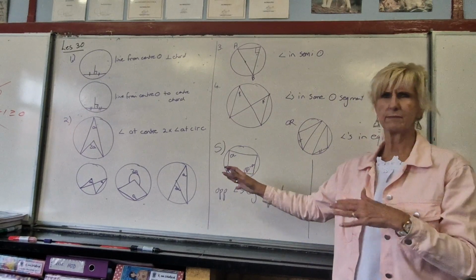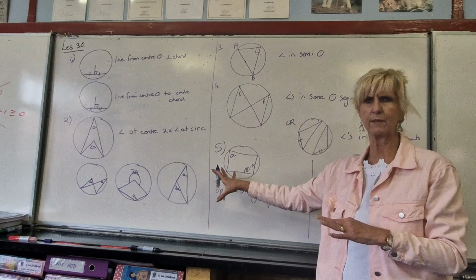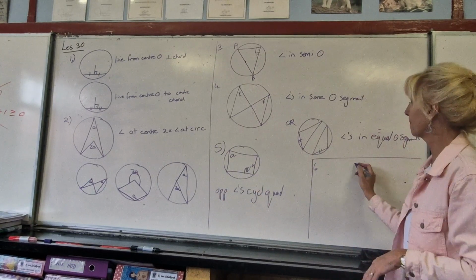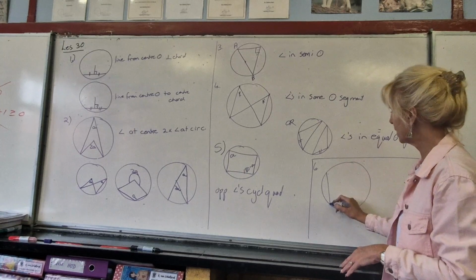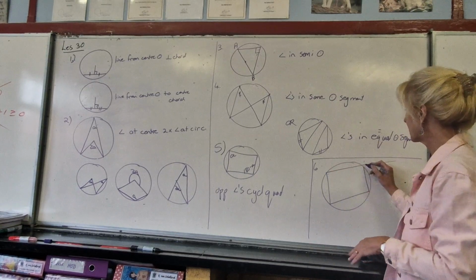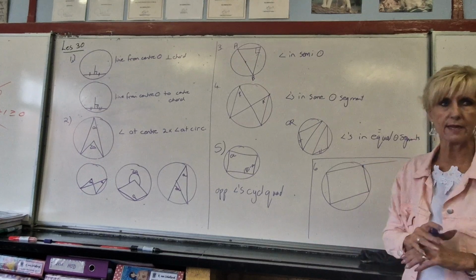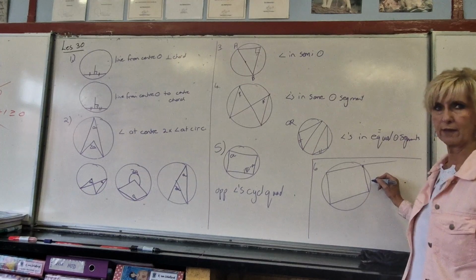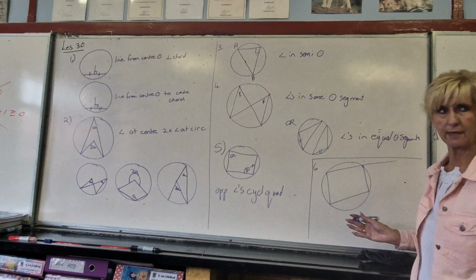Is there any strange thing that I can think about there? Okay. Number 6 is the exterior angle. Now where's the exterior angle? Outside. Anywhere outside, as long as it's one of the sides that is extended. Can't do this and say that is an exterior angle. It has to be one of the sides extended.